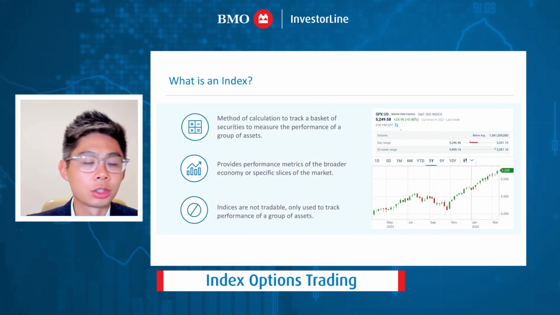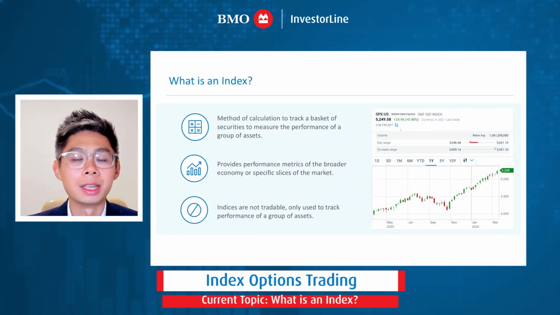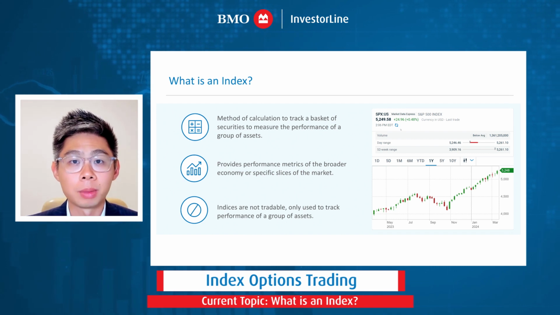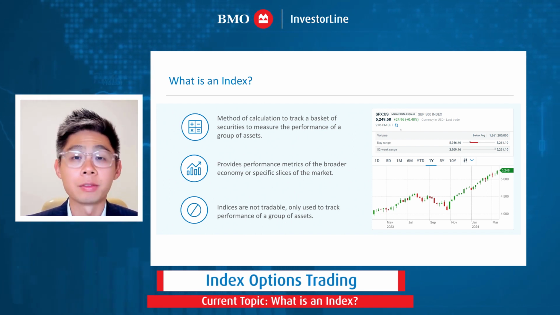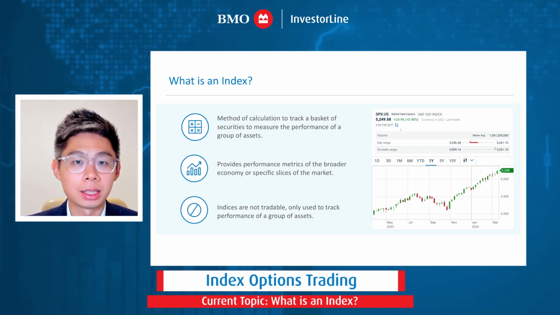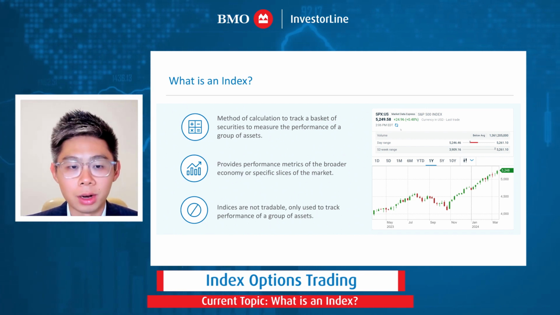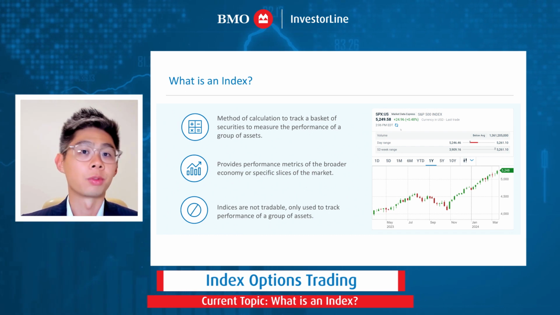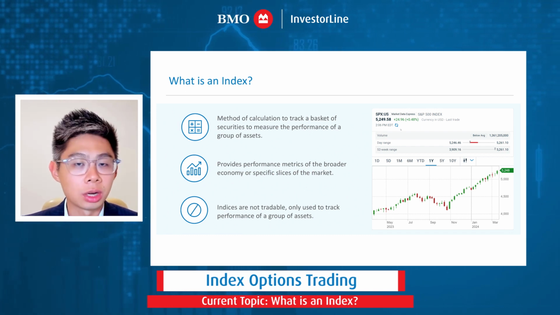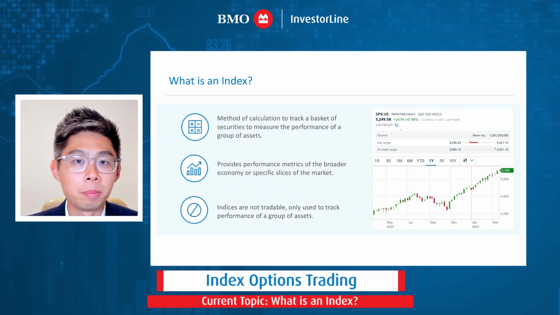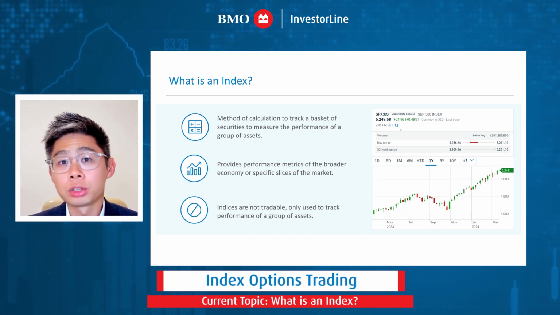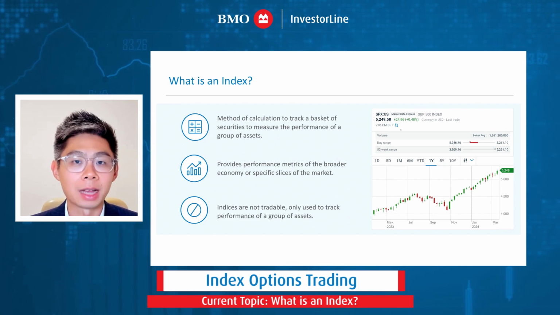So let's kick this off by taking a look at what is an index. At this stage, I think many of you that are viewing this probably have a good sense for what an index is, but let's just review that very quickly. First of all, when we refer to an index, this is simply a calculation. It's a method to calculate and track a basket of securities to measure the performance of a group of assets.